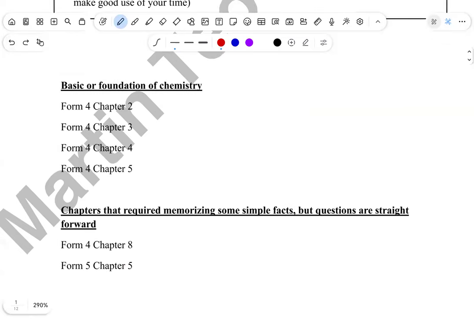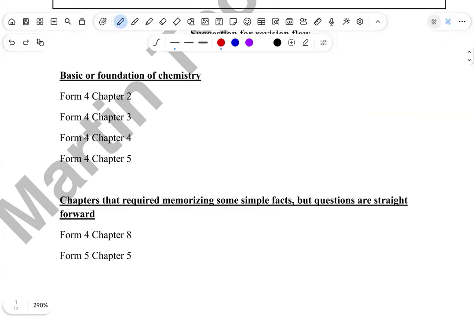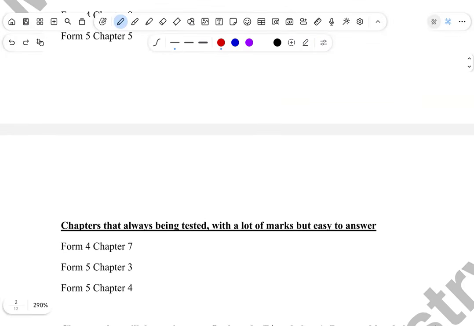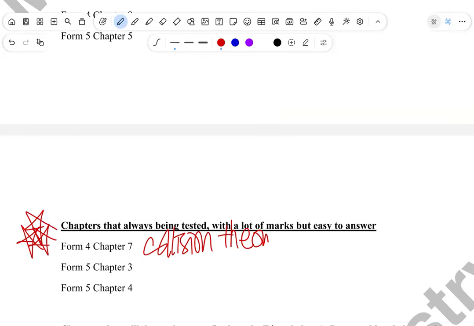So if your aim is to get B and above, here are some of the chapters you need to know. These are the chapters that they always ask, but they are very easy to answer. Form 4 Chapter 7 is one of the bonus chapters if you know how to do it, especially collision theory. I will cover this in our revision class.